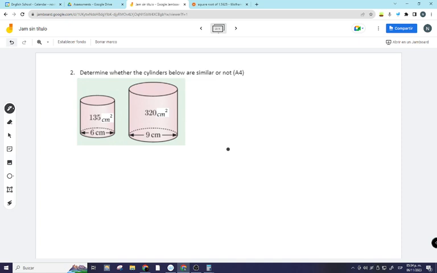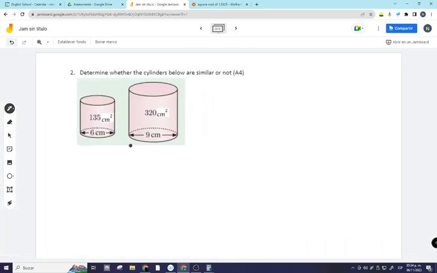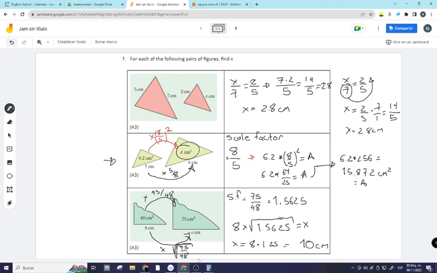Determine whether the cylinders below are similar or not. Okay, so here we had a similar case than before. We had two measures of length and two measures of volume. Something really similar is going to happen.